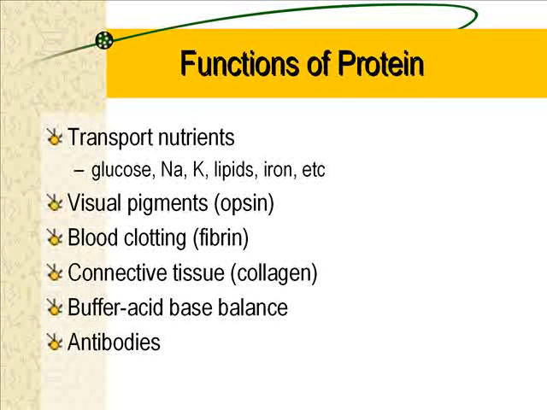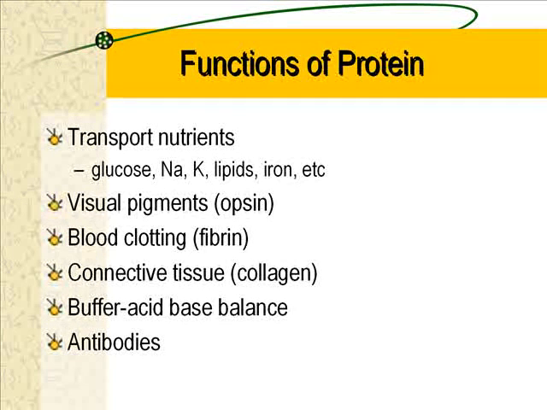We need protein available for that transport of fat in the body. Iron, hemoglobin would be an example of the protein that carries iron. Visual pigments are proteins. An example would be opsin. Fibrin, which is involved in blood clotting, is a protein. Also collagen, which offers the connective tissue in our body with our nails and our teeth, our gums.